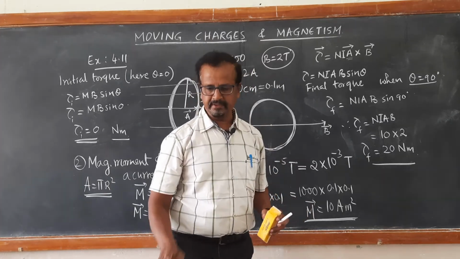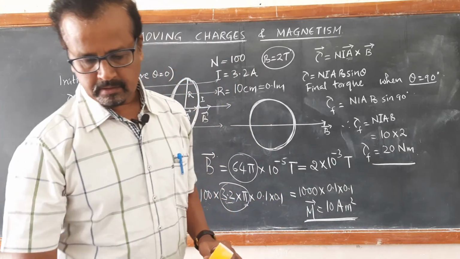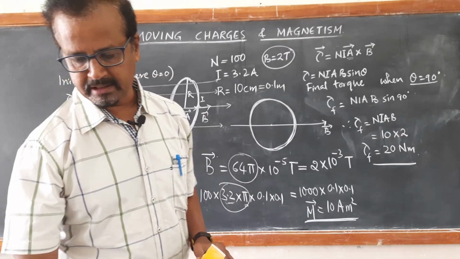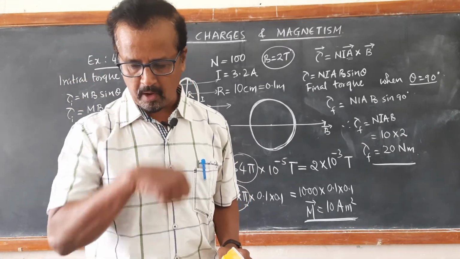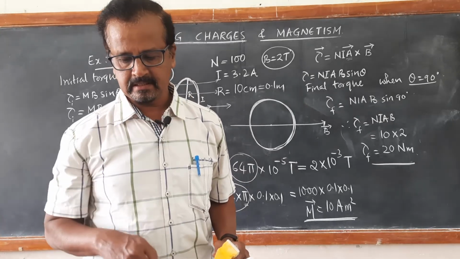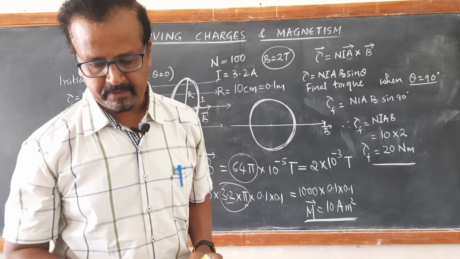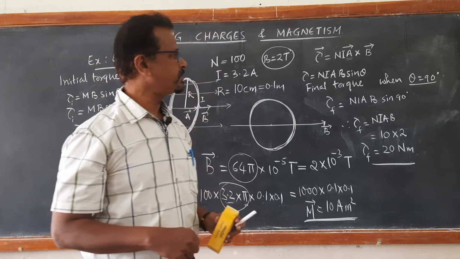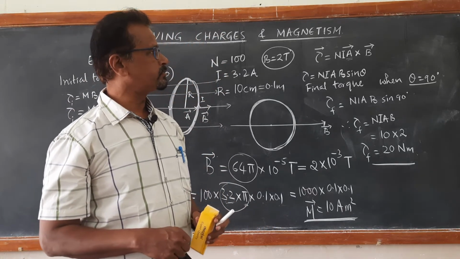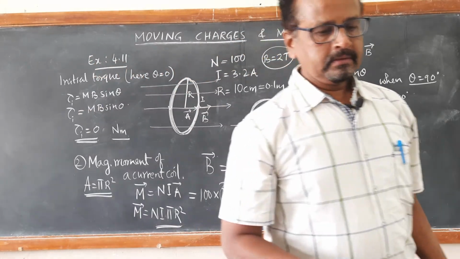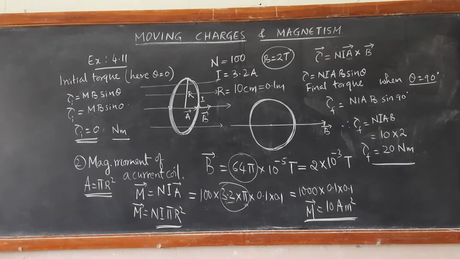Now, the next question is, if this coil is free to rotate, what is the angular speed acquired by the coil when it is rotated by 90 degrees? The moment of inertia of the coil is given as 0.1 kg meter square. So we will solve that problem. A little bit of mathematics is required.